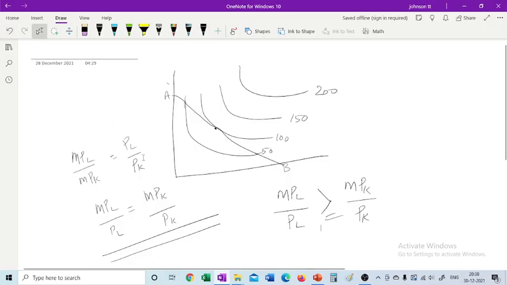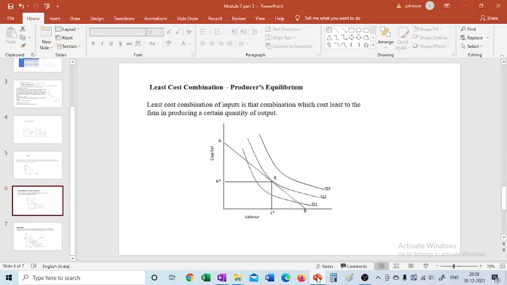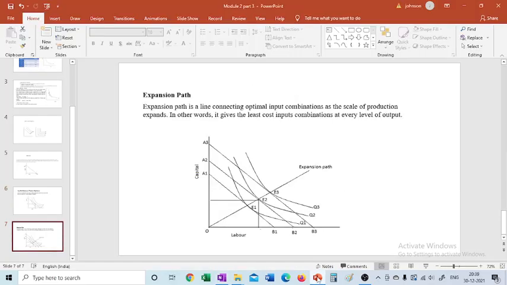Then next is expansion path. So what is expansion path? See, expansion path is a line connecting the optimal input combinations, that is the least cost combinations. So we are drawing a line connecting the points of least cost combinations.